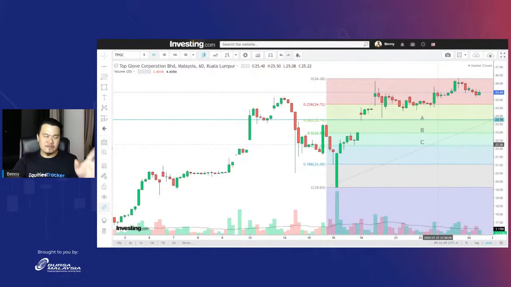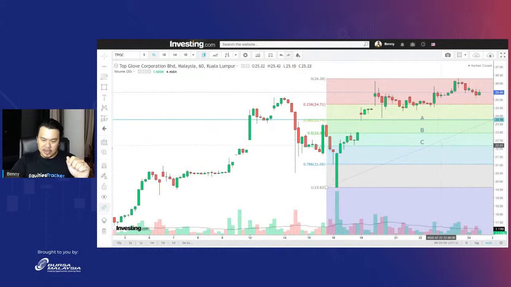Because in Elliott wave or in Fibonacci, the C or the 61.8% is always like your last line of defense, right? That means if the price goes down below 61.8%, you will not expect the price to trend higher anymore. It's probably going to come down and go for a major or a bigger correction.